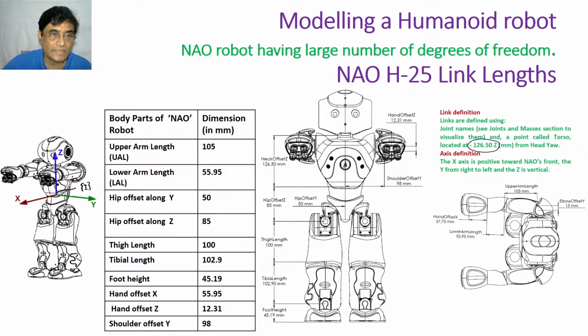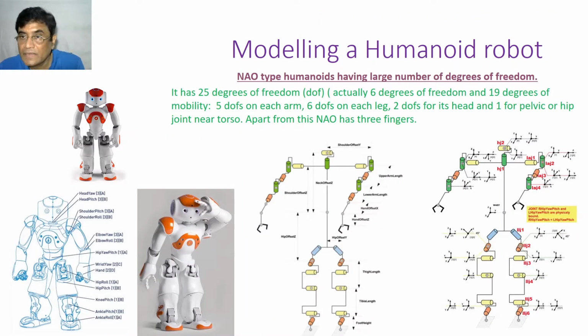So it is a head joint, head yaw, the z axis is in this direction, and you see where the torso is located. Where is the rotation, where is the origin of the torso? At a distance of minus 126.5 millimeter from head yaw. So head yaw, you have seen, the head yaw joint.